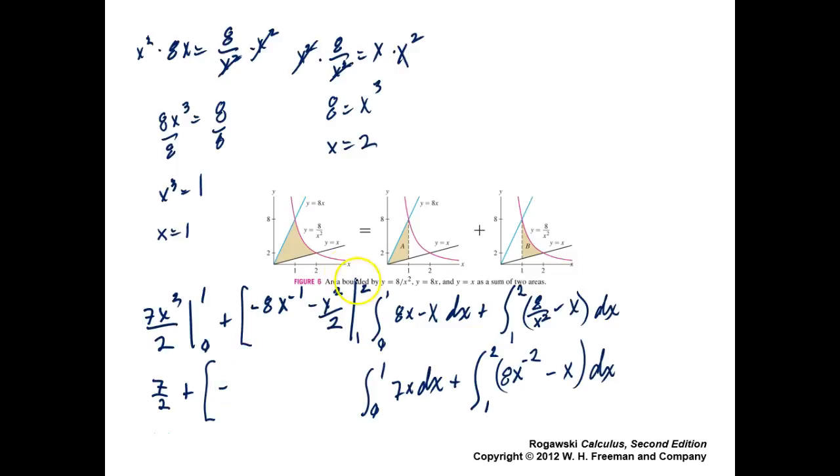That would be a minus, plugging in a 2. It would be 8 over x, right? So that would be 8 over x. Plugging in a 2, that would be a minus 4, right? You buy that? Okay. Minus, and then plugging in a 2 there would be 2 squared, which is 4, over 2 would be 2.